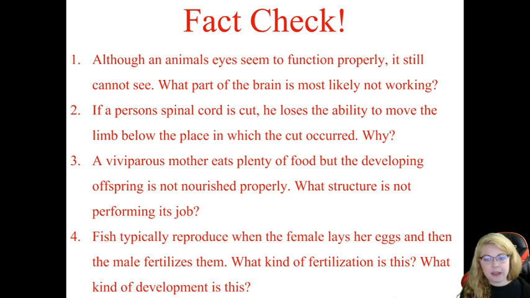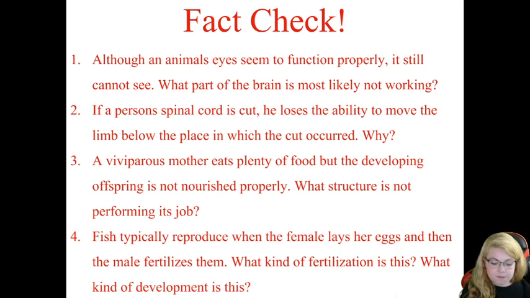Number 3, a viviparous mother eats plenty of food, but the developing offspring is not nourished properly. What structure is not performing its job? That would be the placenta is not functioning and performing its job. And lastly, fish typically reproduce when the female lays her eggs and then the male fertilizes them.